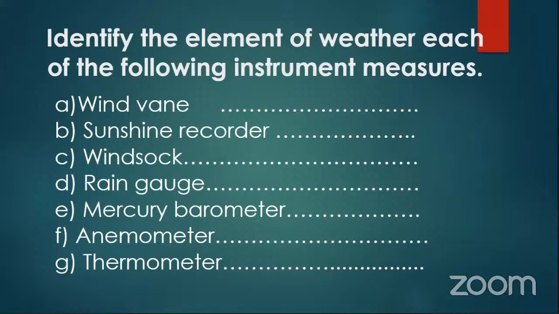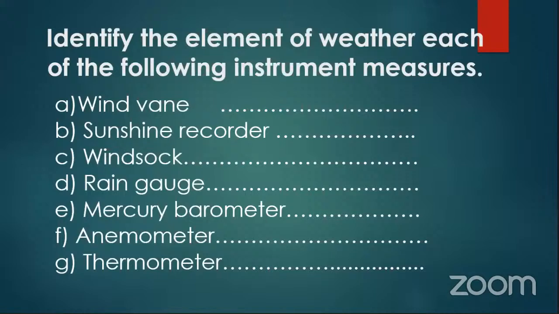If you can still remember the picture showing the wind vane, it had an arm and then the pointer. So we are saying that when the wind blows, the arm of the wind vane rotates until the pointer faces the direction.